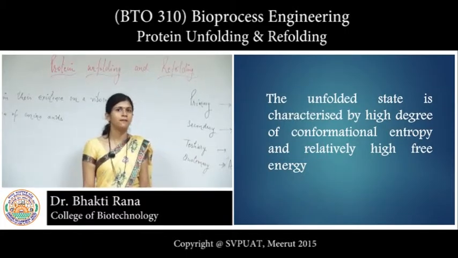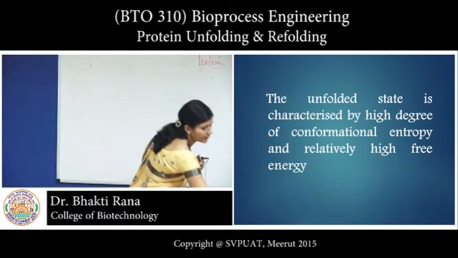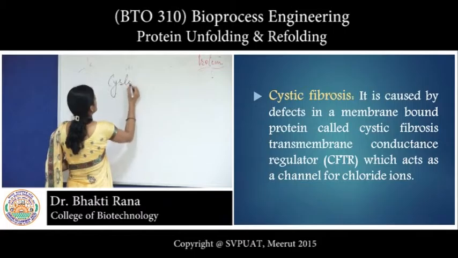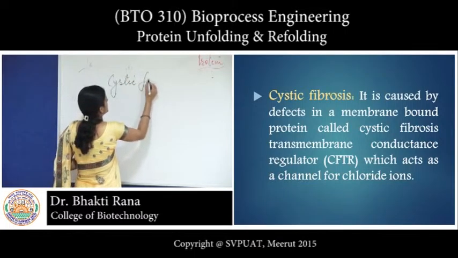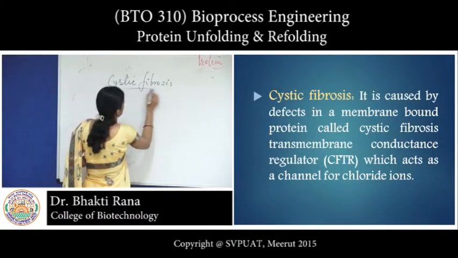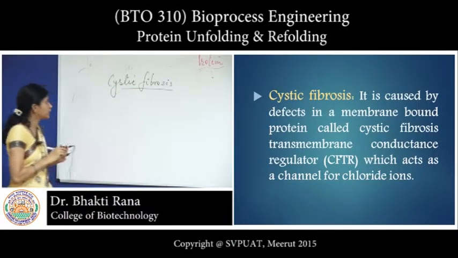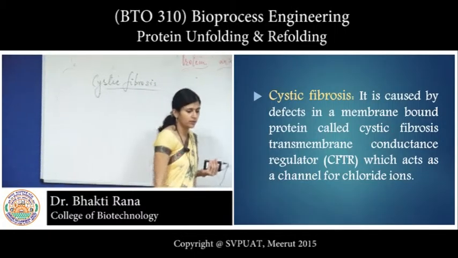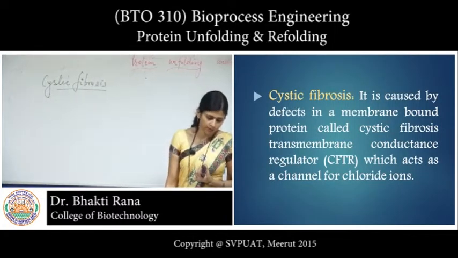One of the diseases linked to protein unfolding is cystic fibrosis. It occurs during a mutation that affects protein folding.